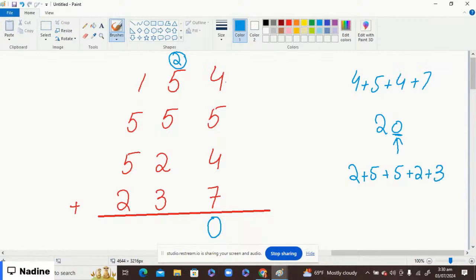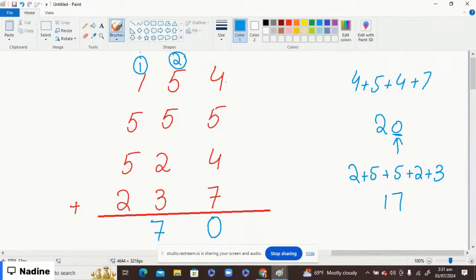We write it separately and then we count it. 2 plus 5 is 7. 7 plus 5 is 12. 12 plus 2 is 14. 14 plus 3 is 17. Now you tell me which digit I put in the bottom and which digit goes on top. So 7 I will write here and 1 will go on top as a carry.